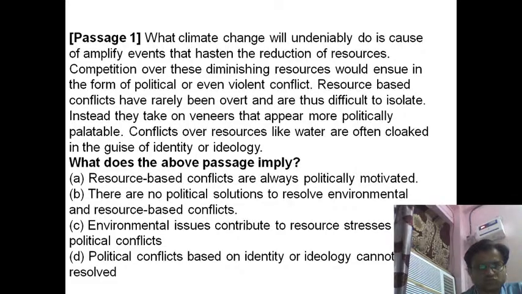Conflicts over resources like water are often cloaked in the disguise of identity or ideology.